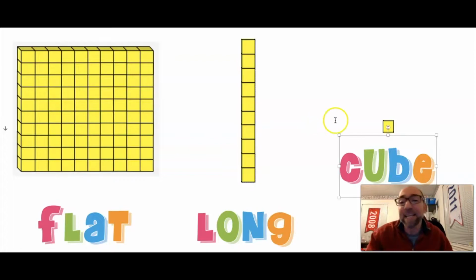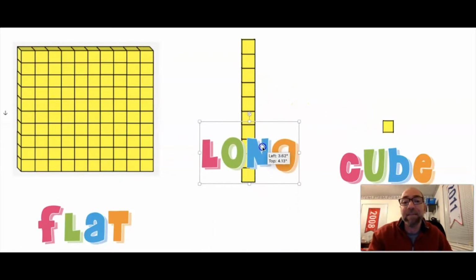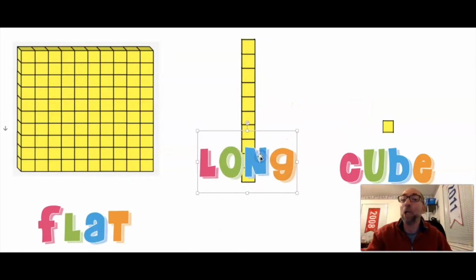Now, when we stick 10 of these little cubes together, we get what's called a long. So the long represents 10. And whenever we have a long, we always have to add 10 more. 10, 20, 30, 40, 50, 60, 70, 80, 90, 100.